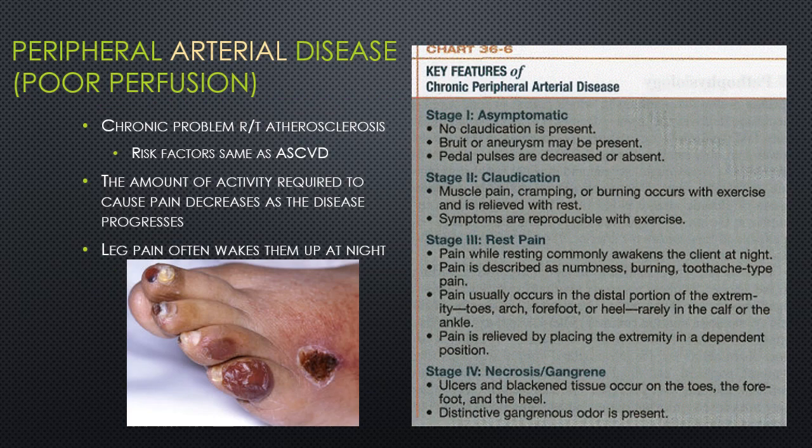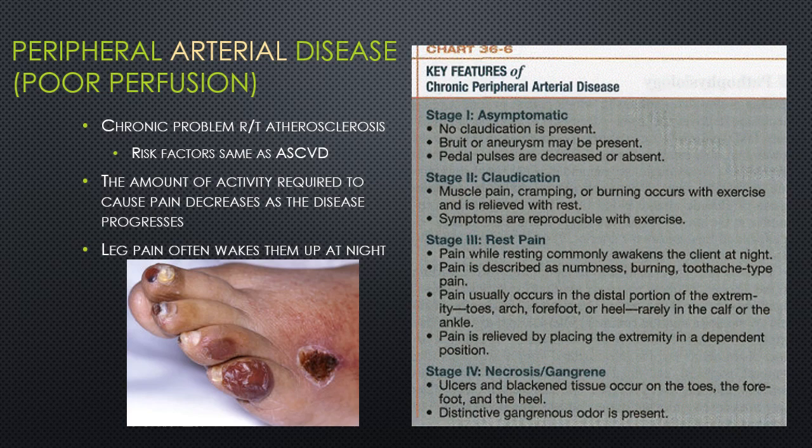Moving out into the periphery, when peripheral arterial disease becomes chronic, it leads to poor perfusion of the extremities. So this is a chronic problem related to atherosclerosis. Two things that we should watch for would be if the amount of activity required to cause pain in the foot decreases, then the disease has progressed.